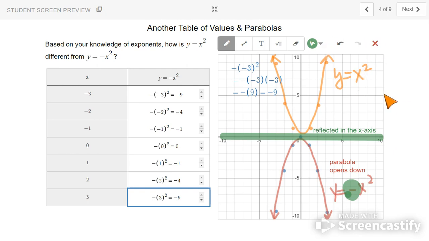So notice the difference in the equations. We had a +x squared, and then we had a -x squared. The exponent 2 isn't applied to this negative, but the negative will make it change by reflecting it in the x-axis.